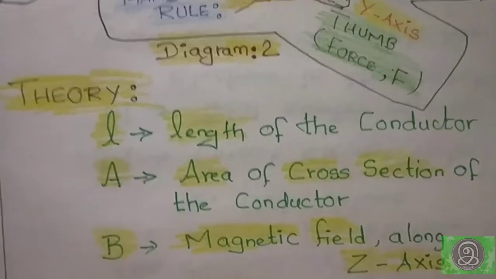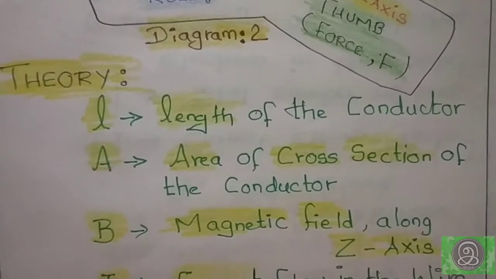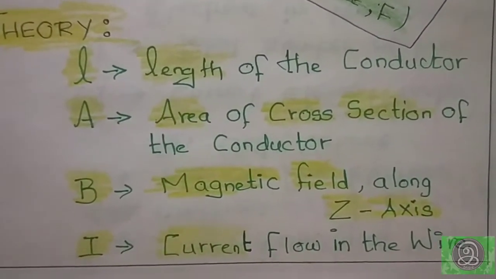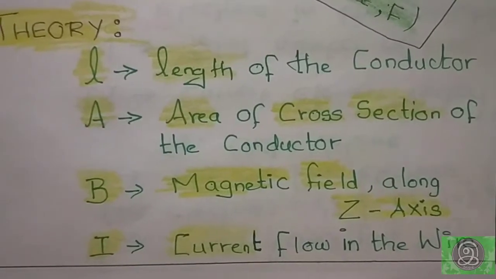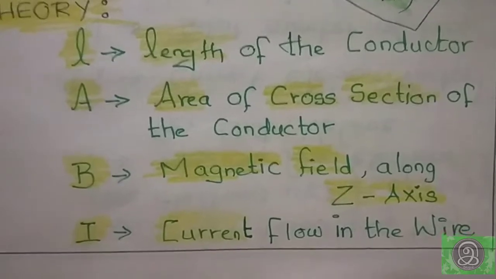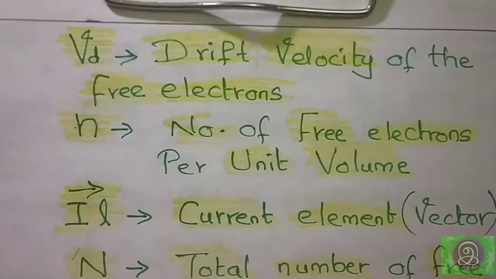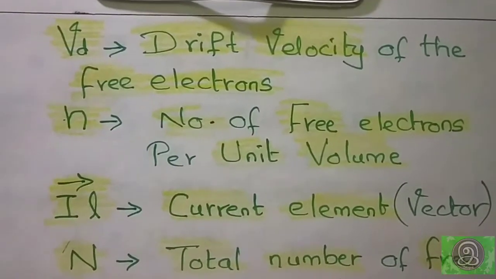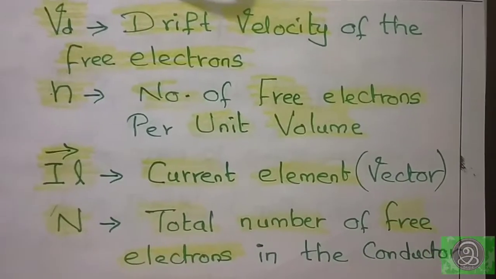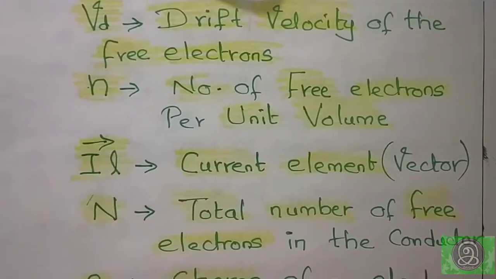First, let's look at the theory. Here, small l be the length of the conductor, capital A be the area of cross-section of the conductor, capital B be the magnetic field which is acting along z-axis, and I be the current flowing in the conductor or wire. Here v suffix d be the drift velocity of the free electrons inside the conductor. Small n be the number of free electrons per unit volume.